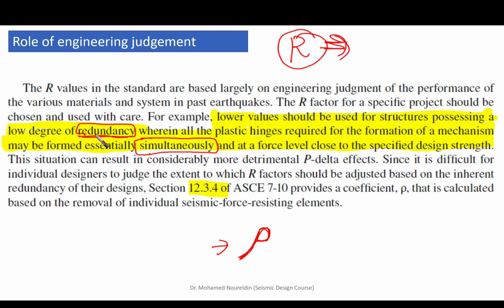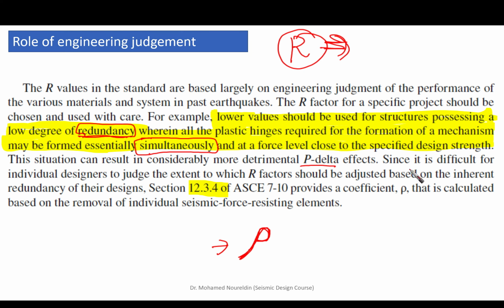This situation, where redundancy and simultaneous plastic hinging are at the same time, can result in considerably more detrimental P-delta effects. So P-delta is going to be controlling here.